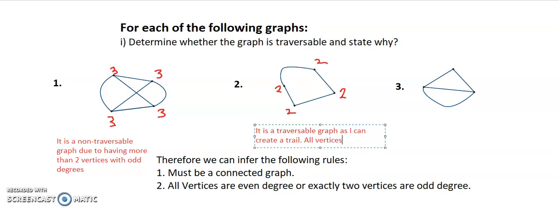All vertices are even. And let's double check that when we are doing it. I can go from one vertex to the next, then I'll just keep on going around, and it is a circuit.